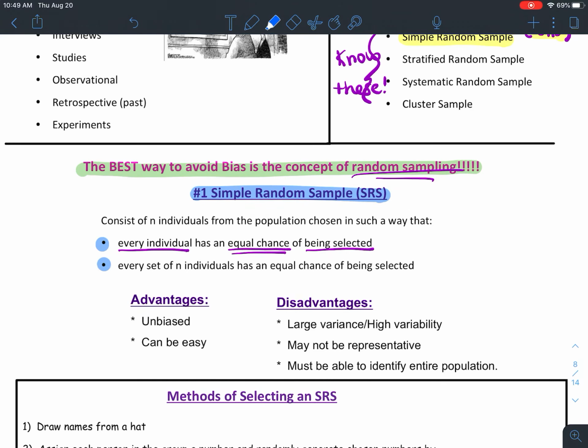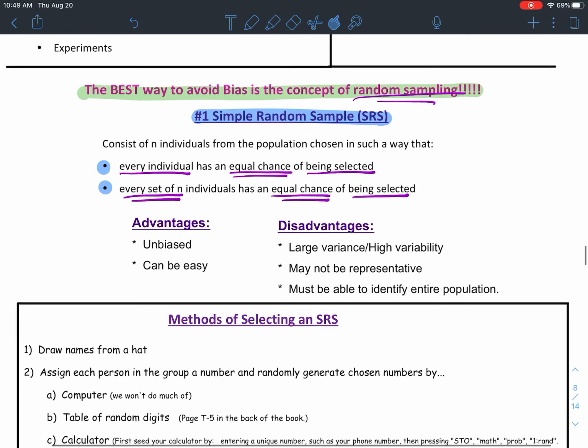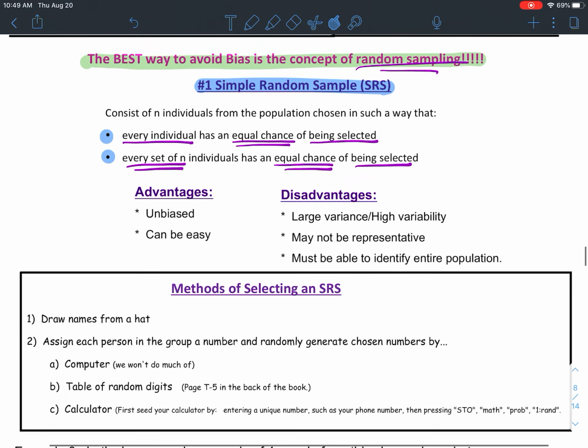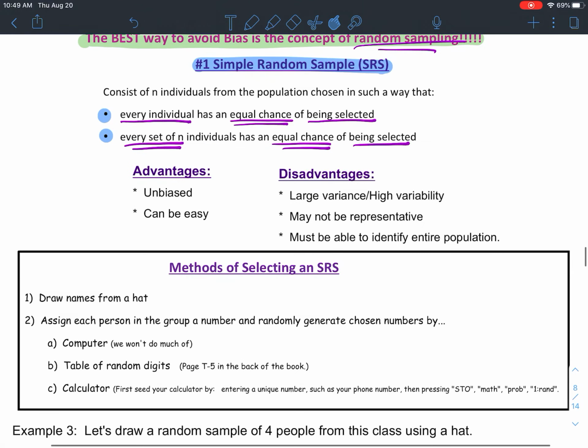The other part to this that can be a little confusing is that every set of 10 individuals has to have an equal chance of being selected. Now, I'm going to discuss what that means because that can be a little tricky to interpret. Here are some methods of gathering a simple random sample.